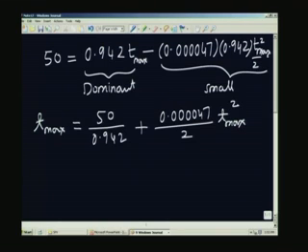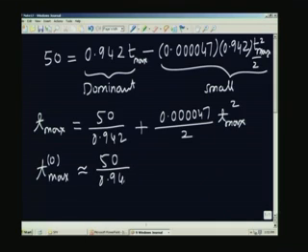I am just rewriting in this particular form. So, the value of t will be calculated. If you ignore this, you will get the first approximation for t, and then you put it here and get a better approximation. So, t is roughly equal to 50 divided by 0.942 seconds, which comes to 53.08 seconds. And now I substitute it here and improve it.